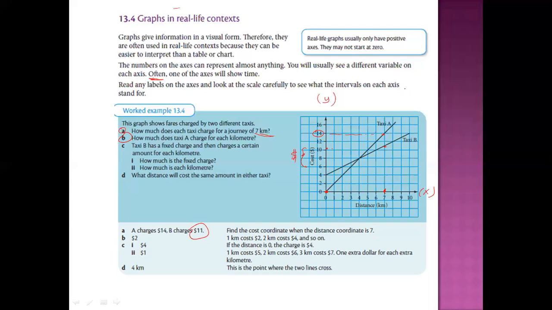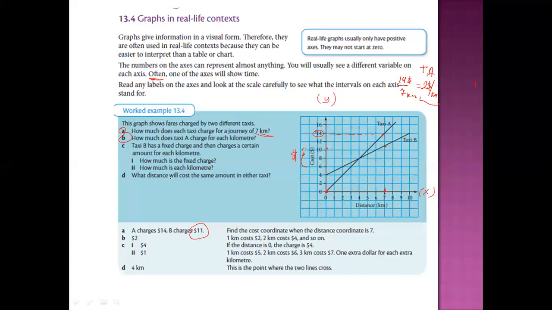That's why we can use the simple way, 14 over 7, because $14 for 7 kilometers is equal to $2 per kilometer. So taxi A charges $2 for 1 kilometer.